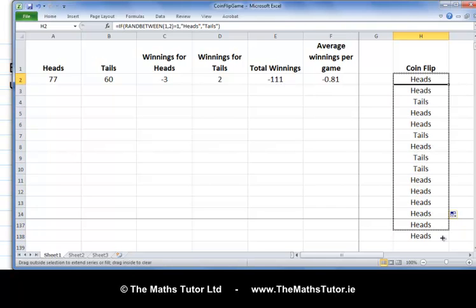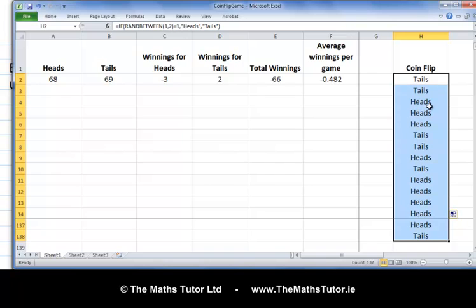And again. This time we lost €66. So you can see if we keep playing the game 137 times, the amount that we win or lose changes a lot. Right? Do it one more time. This time we lost €56. So it keeps changing. There doesn't seem to be a pattern. But where there is a pattern is if we look at the average winnings per game.